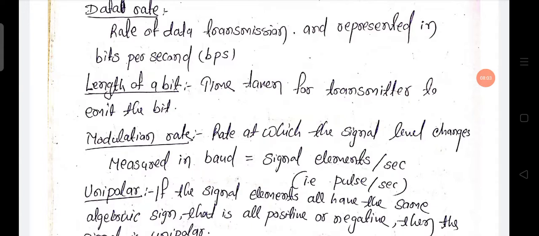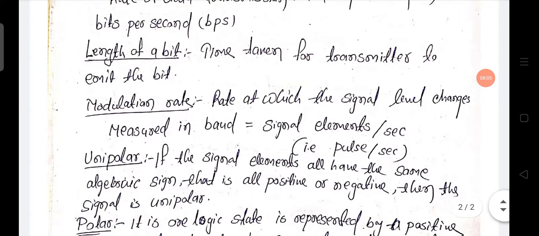And modulation rate is the rate at which the signal level changes. In modulation, our message signal is superimposed or changed accordingly with the carrier signal.